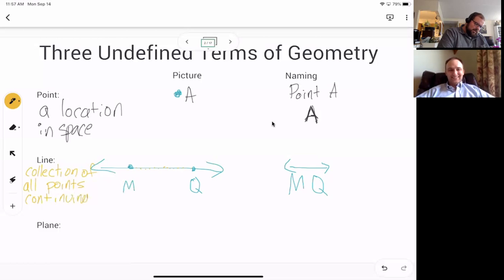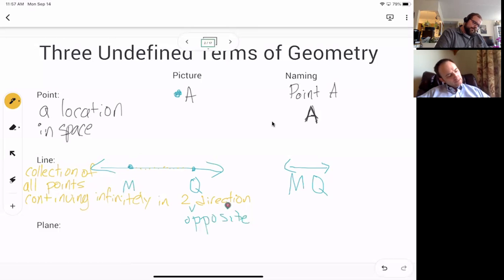Continuing infinitely in both directions, or in two directions? Yeah. I'm thinking maybe we need to put the word opposite right here. Opposite directions. Yeah, that makes sense.